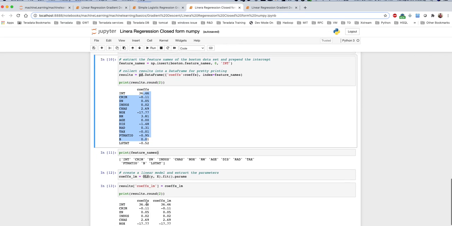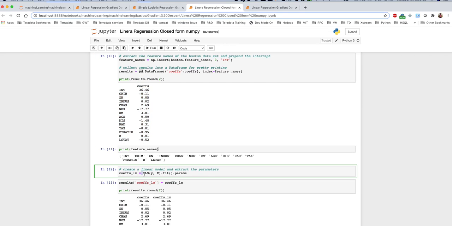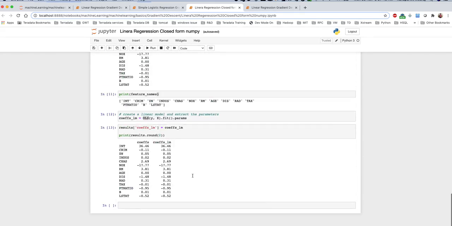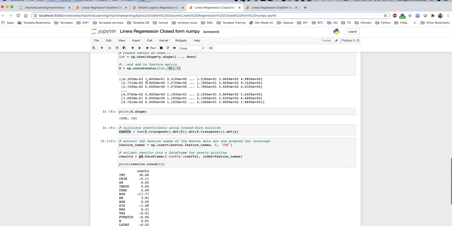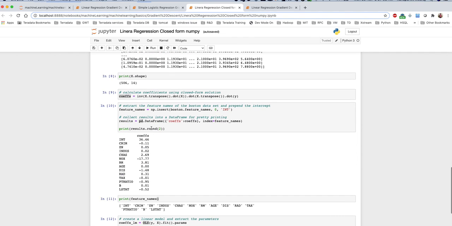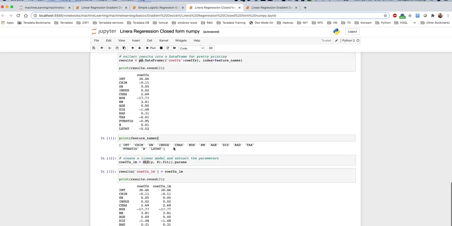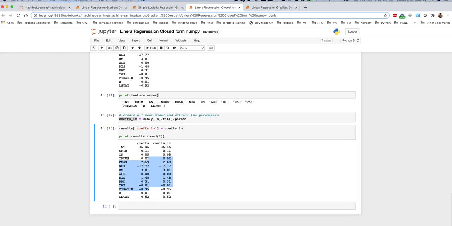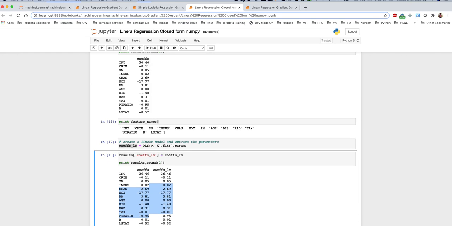Otherwise, we can use OLS from the statsmodels library instead of this closed form formula. This also, I think, uses gradient descent, and we'll get almost similar coefficient values. So this is one way of looking at linear regression, its closed form solution.